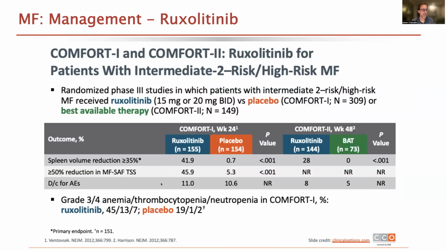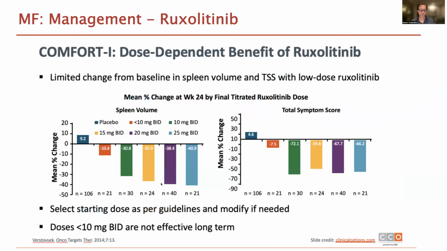Looking at ruxolitinib or Jakafi in myelofibrosis, you can see it was studied looking at spleen volume and symptom score, and they compared it to placebo and to the best available therapy. Basically, Jakafi definitely works better than placebo, and it pretty much works better than other drugs. Now, this is really interesting. If you've used Jakafi before, on the left is the spleen size change, and on the right is the total symptom score.